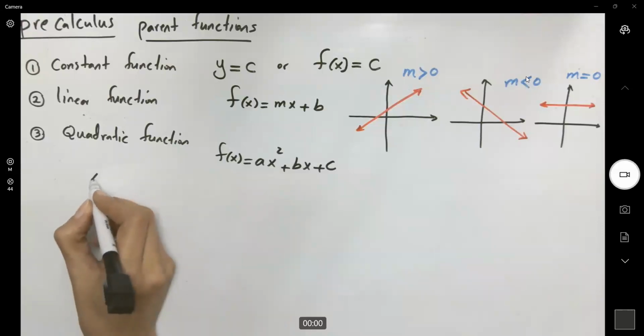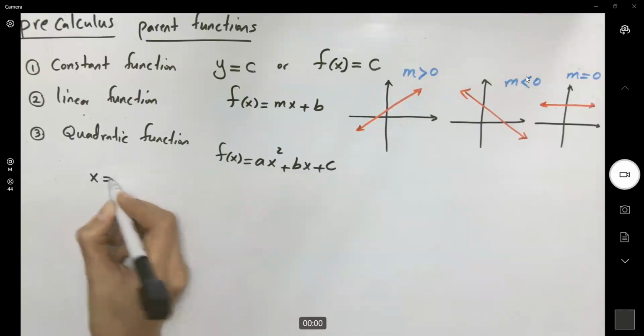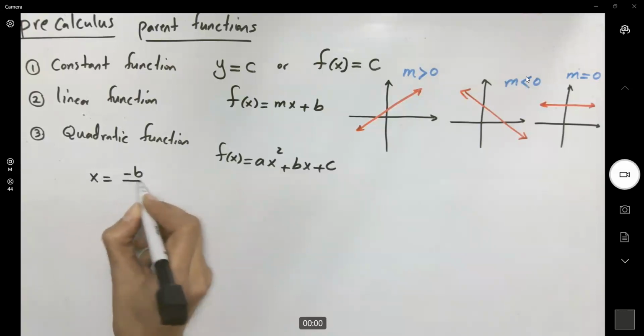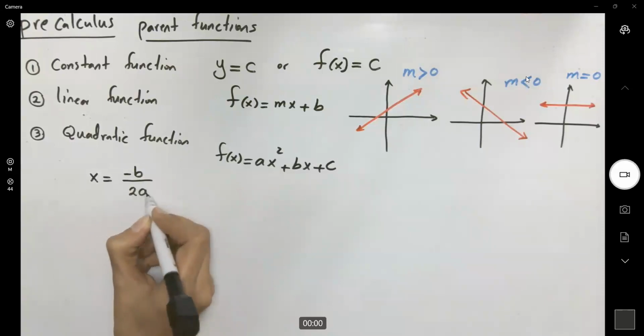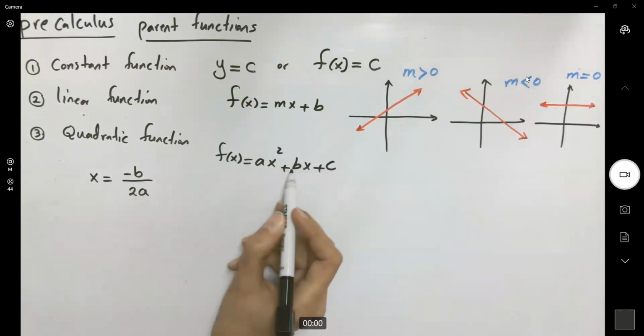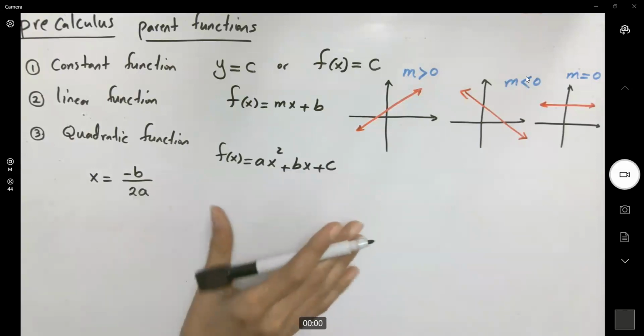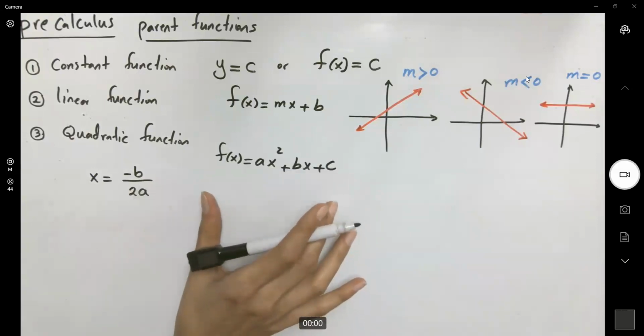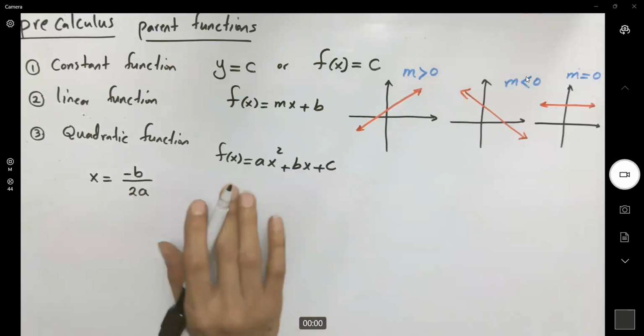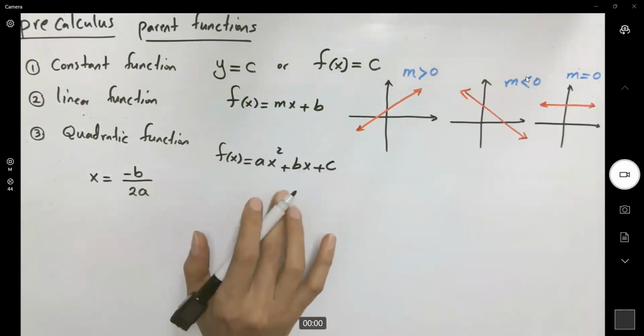Guys, to find the axis of symmetry, x must be minus b divided by 2a. We cannot just take b and divide it by 2. As you saw in many examples, that is not the axis of symmetry for a quadratic function.